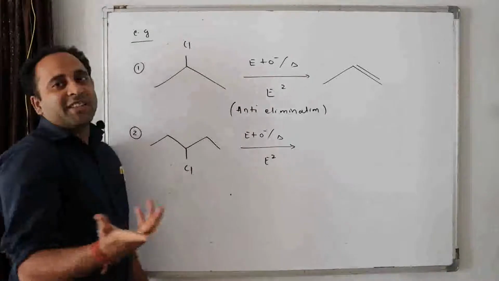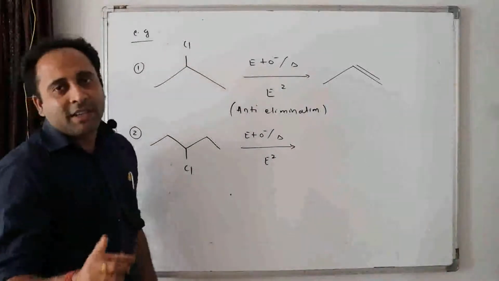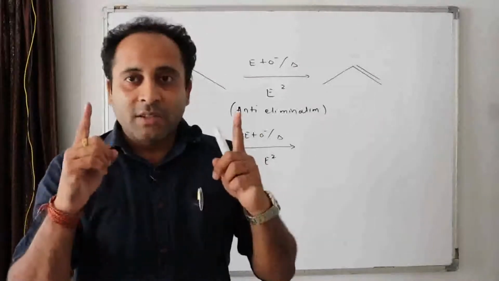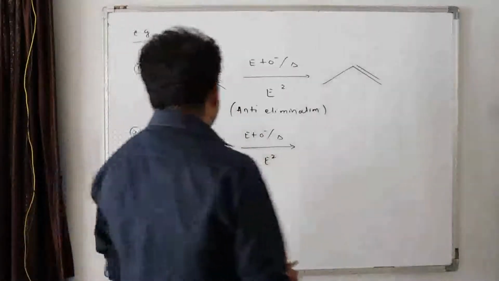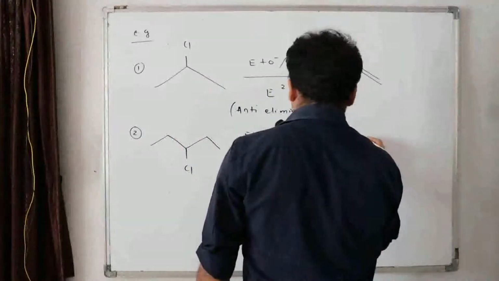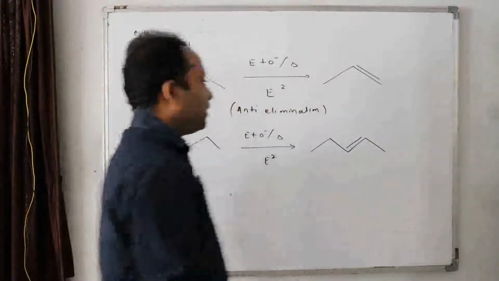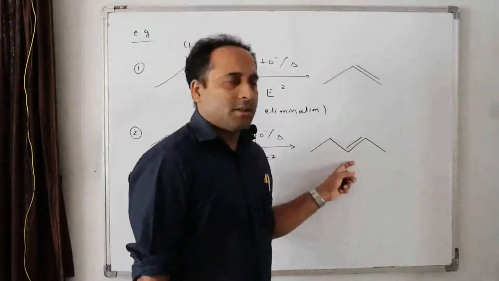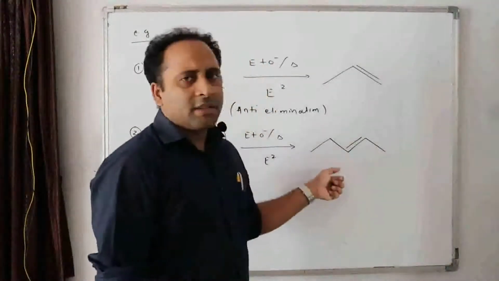But in an E2 reaction there is no chance of carbocation, isn't it? There is no chance of formation of carbocation. So there is only one transition state. So here I can get the product in this manner. Isn't it? Clear? Can I have a cis and trans of this? Yeah, definitely I can have a cis and trans on this.